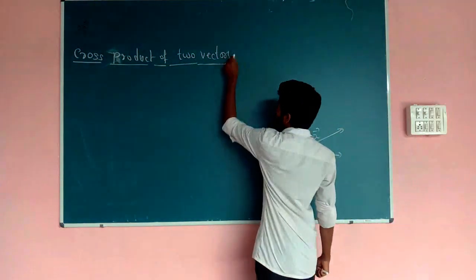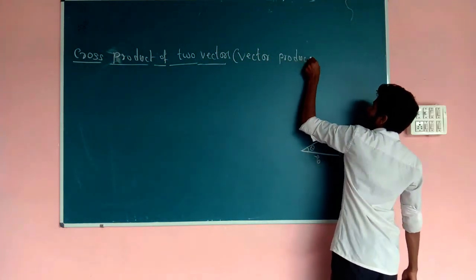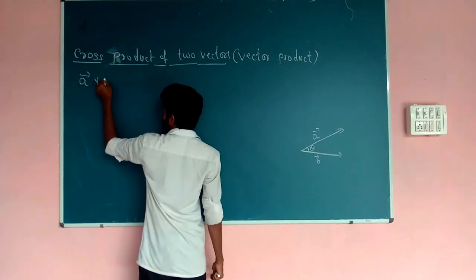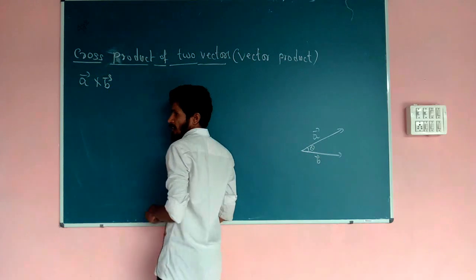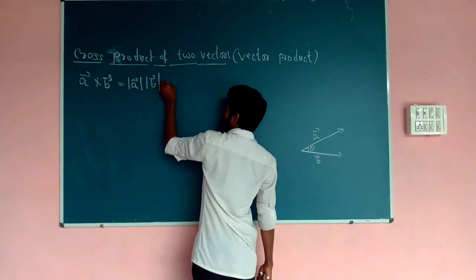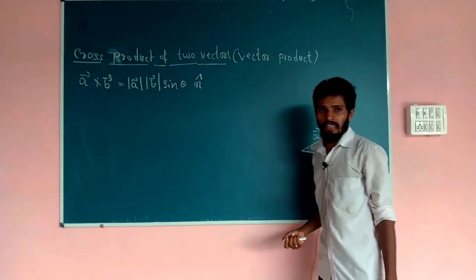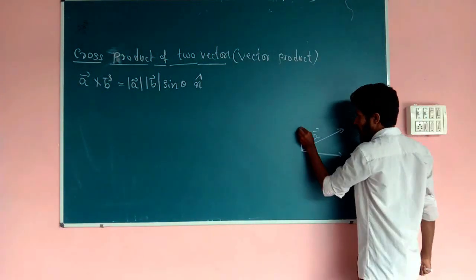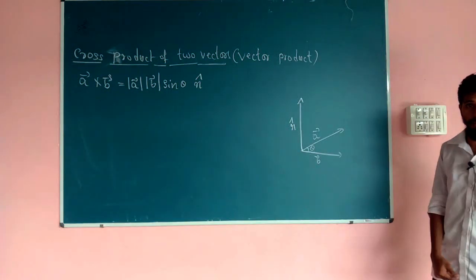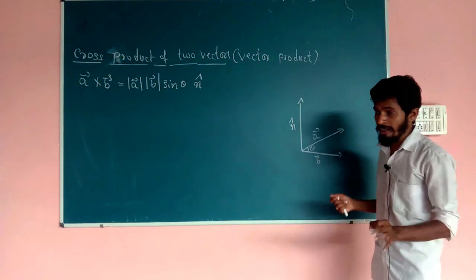The cross product, or the vector product, of two vectors A and B is denoted by A cross B, and it is equal to magnitude of vector A into magnitude of vector B into sin theta into n cap, where theta is the angle between vector A and vector B and n cap is a unit vector perpendicular to both vector A and vector B.